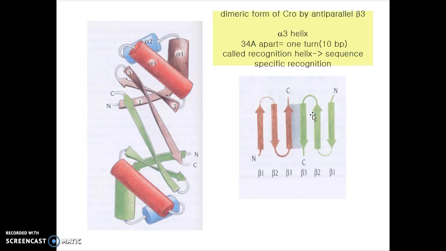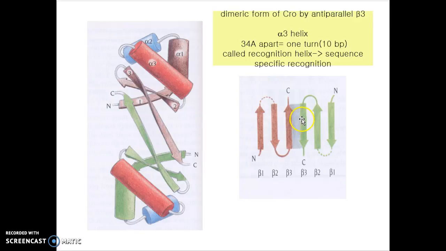The proteins form dimers, and the dimer is made by interaction between beta strand 3 from each subunit, 3 and 3.